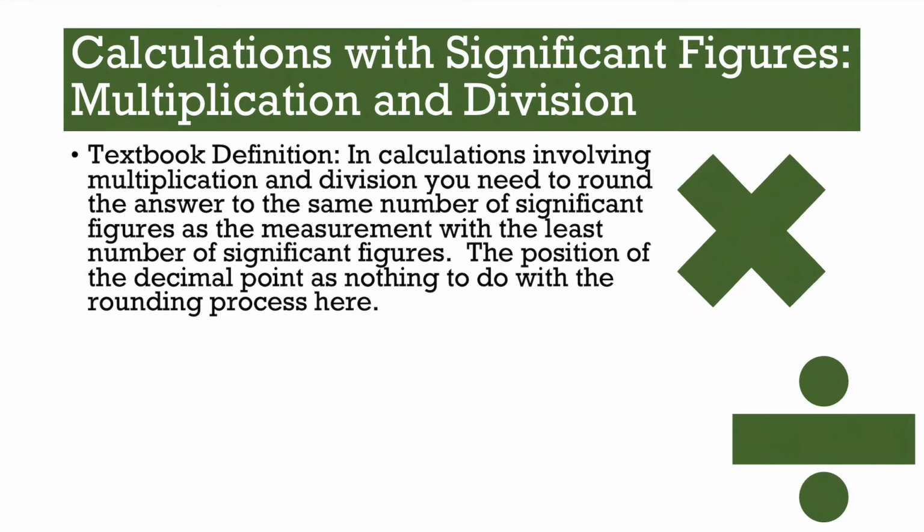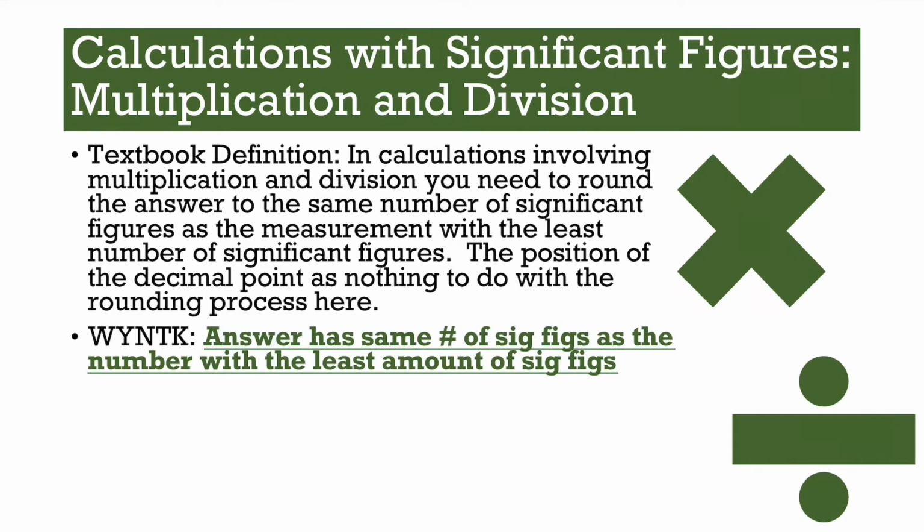Okay, so now when we're talking about multiplication and division, again, you have that paragraph long textbook definition, but what you need to know is your answer has to have the same number of significant figures as the number you calculated with that has the smallest number of significant figures. That's how many significant figures should be in your answer.